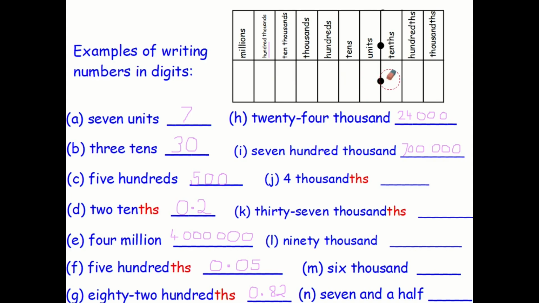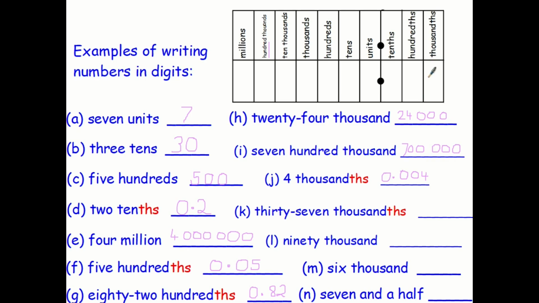Part J, 4 thousandths. So I'm going to put 4 here, but I've got to finish the number off. I've actually got to put 0.004. That is how I write 4 thousandths. Okay, 37 thousandths.